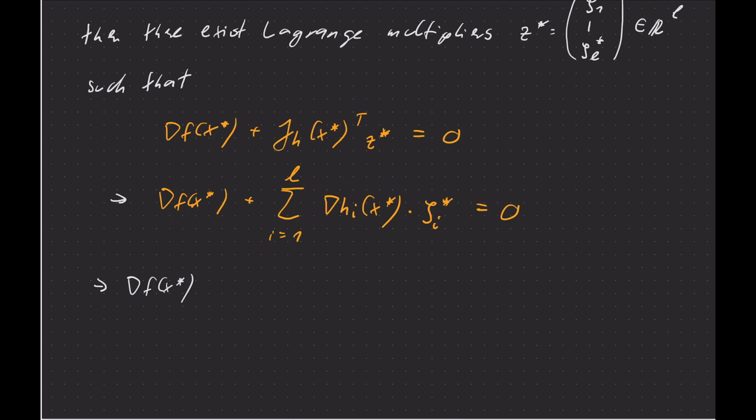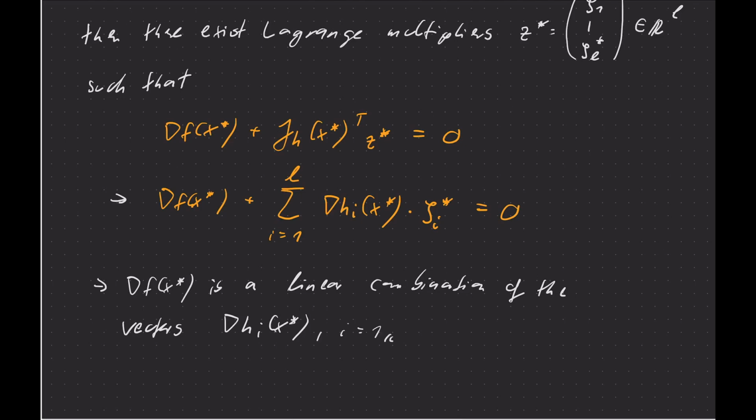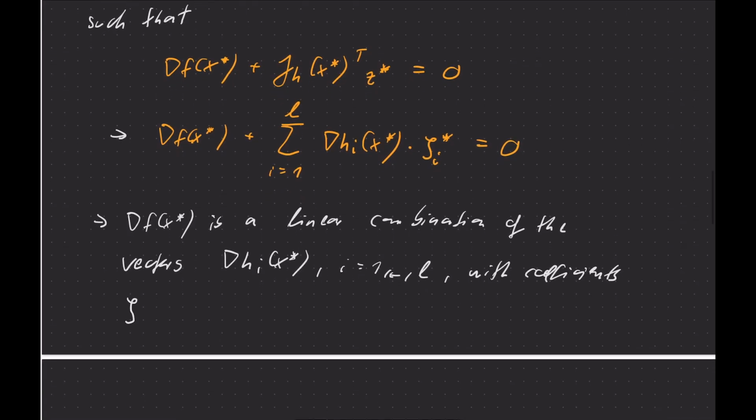Okay, so nabla f of x star is a linear combination of the vectors nabla hi of x star, I from 1 to L, with coefficients zeta 1 star to zeta L star.